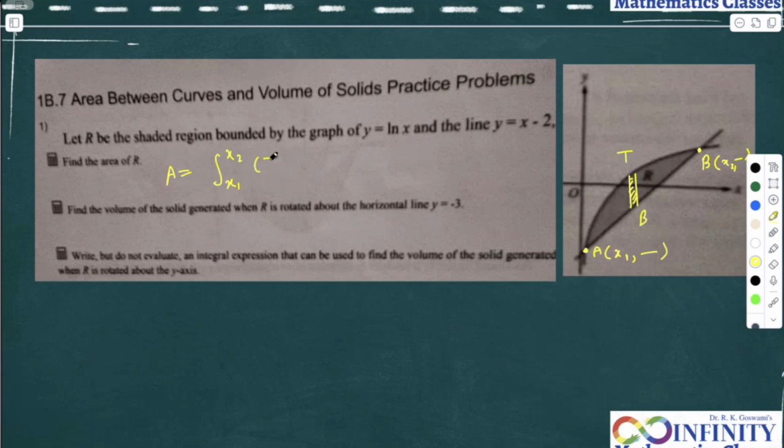It is top minus bottom dx. This is how I should be able to find the area there.